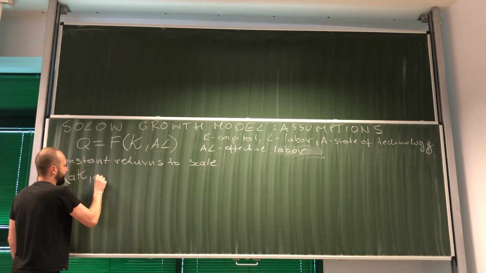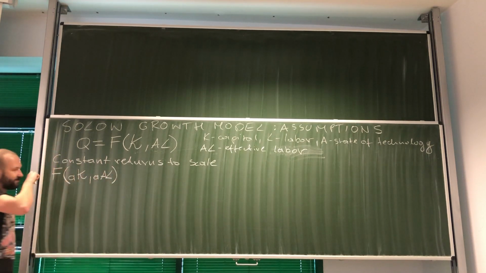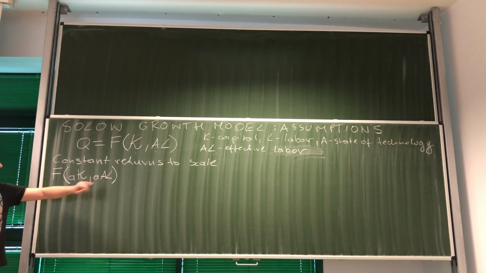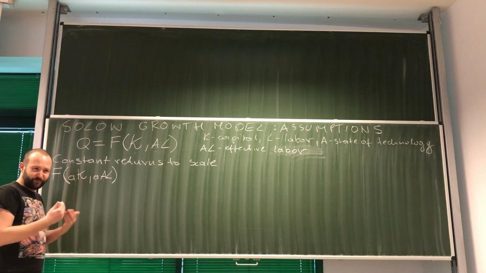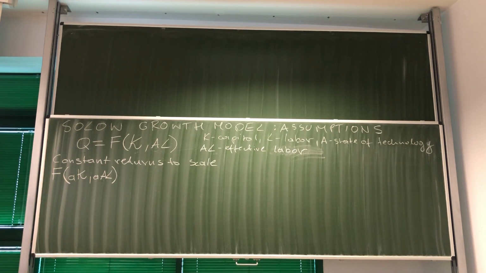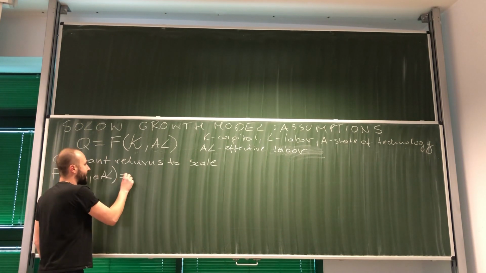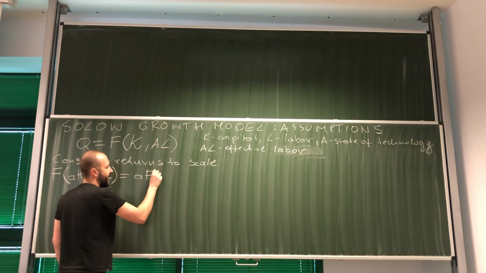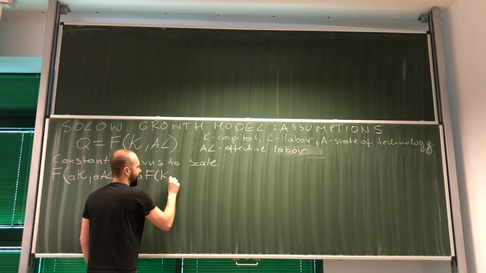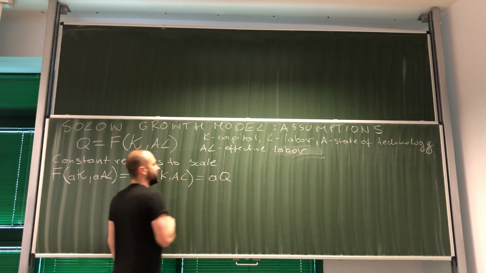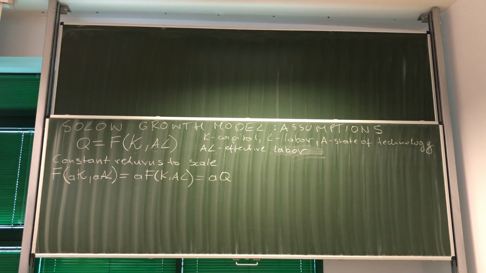Then, if I do the same thing with effective labor, so I double effective labor, of course here the source of increase can come either from increasing the number of workers or improving the state of technology. Then what should happen? Look, constant returns to scale imply that we should get A F of K, AL, so A times Q. Okay, what does it mean?